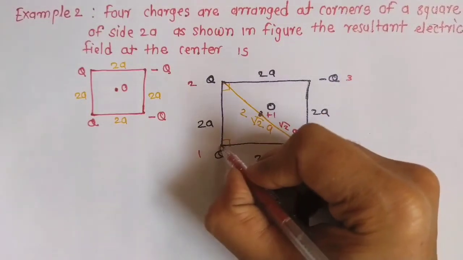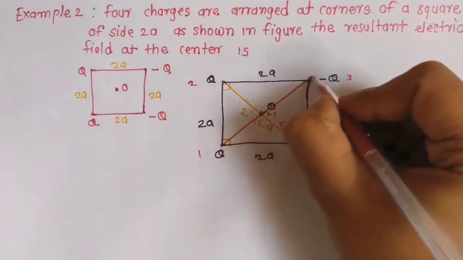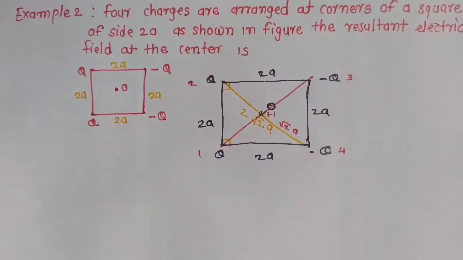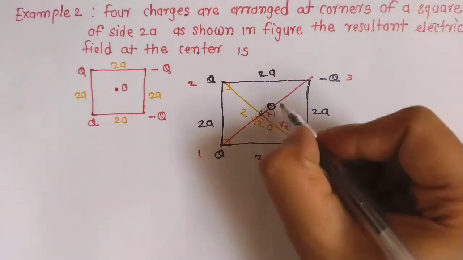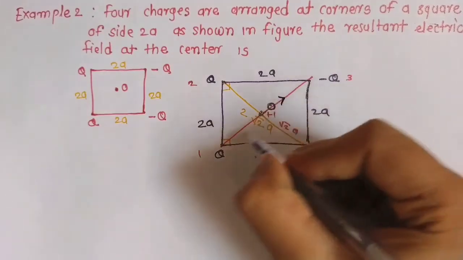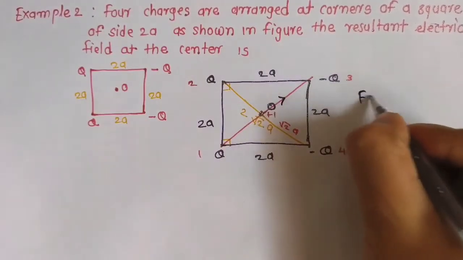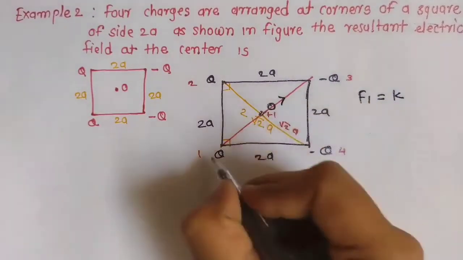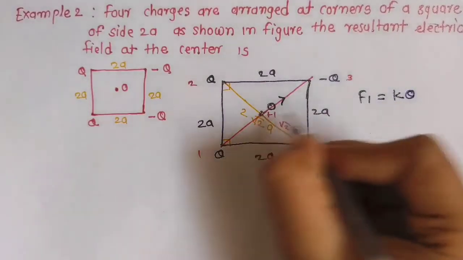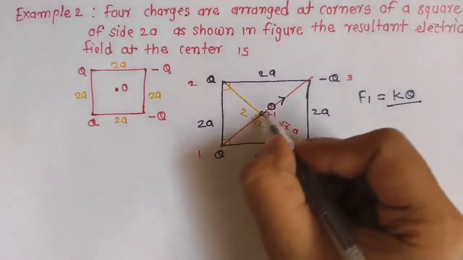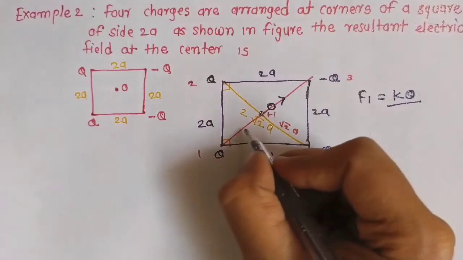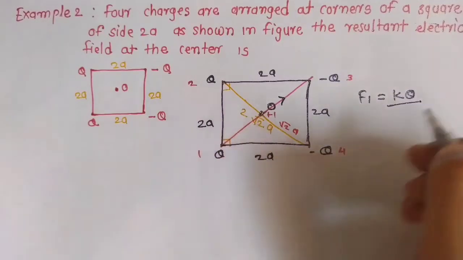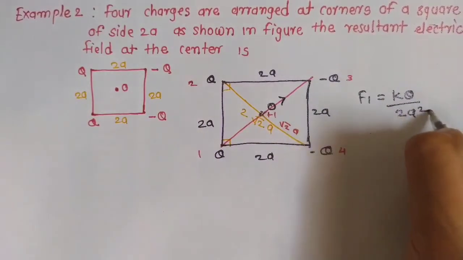So the direction of the force is away from the charge. F1 is equal to K Q times plus 1 upon the distance squared, the distance being root 2 a, whose square is 2a square.